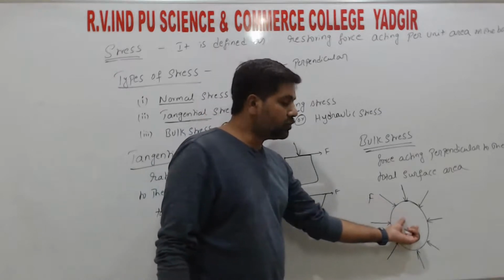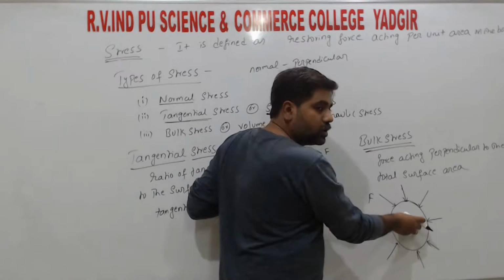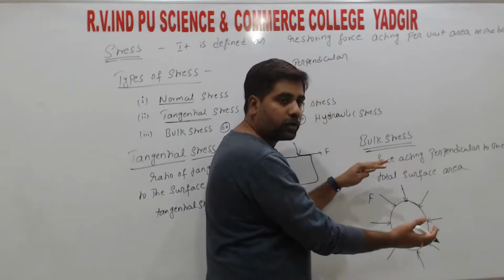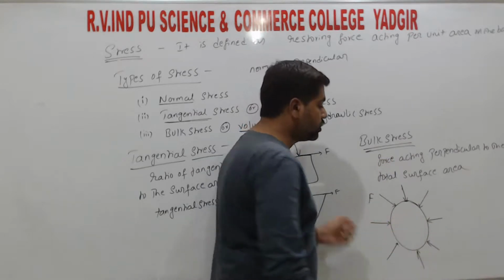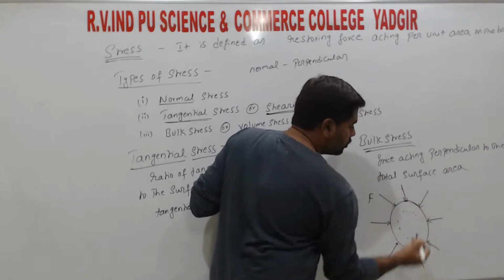So due to this force, so due to this normal force, the shape of the sphere changes. That means outside we are applying force from all directions, so our sphere becomes smaller, its volume decreases, right?